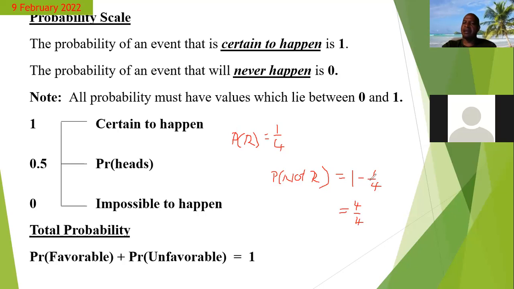We're using the same denominator here. As we know, 4/4 is the same as 1. So we write 1 as 4/4, then we subtract 1/4. So 4 minus 1 gives you 3/4. So this would now be the probability of not getting a red bar.